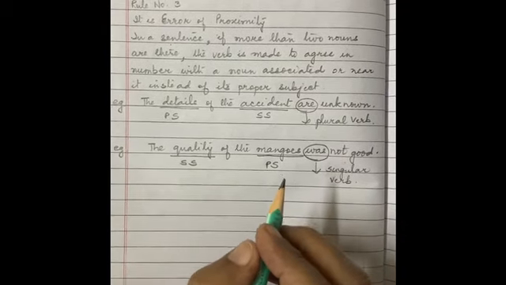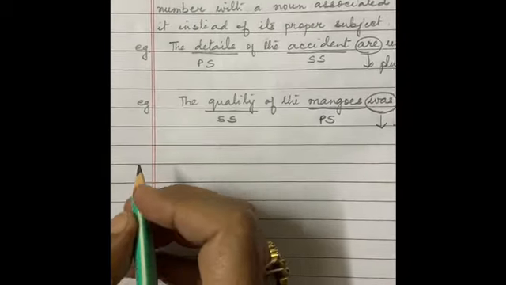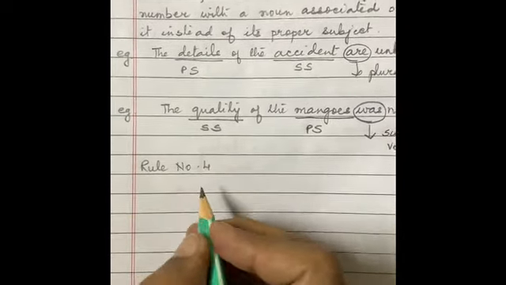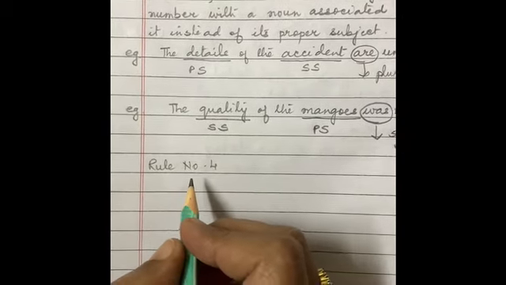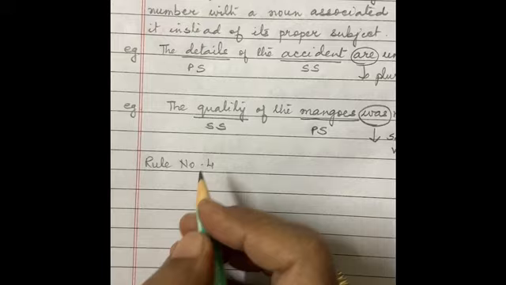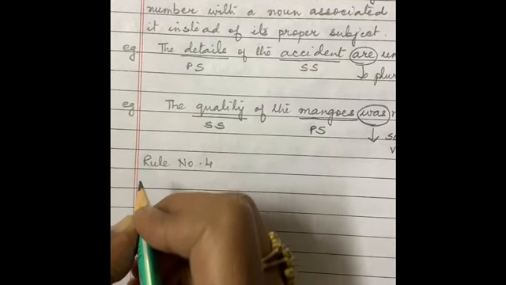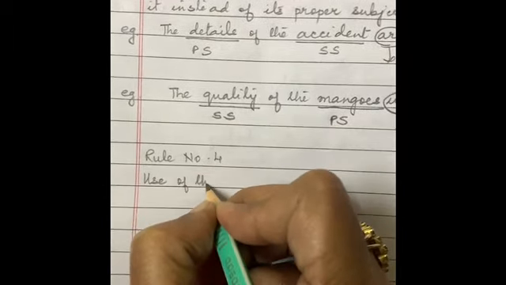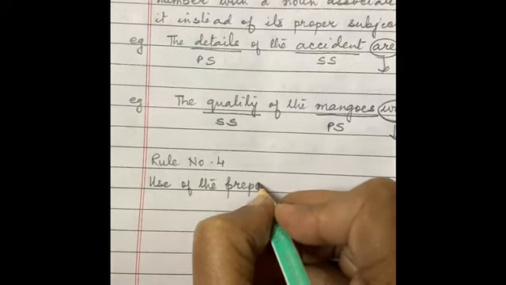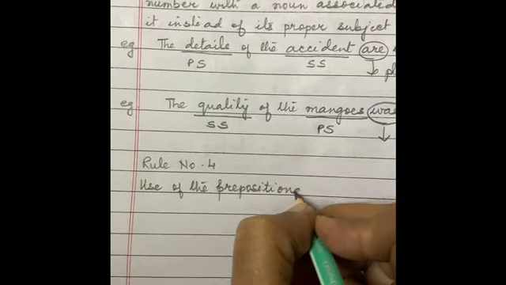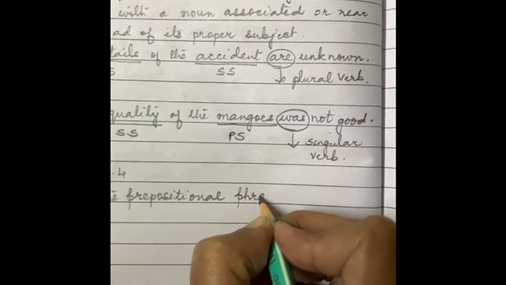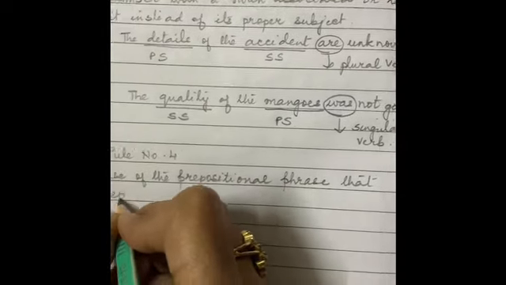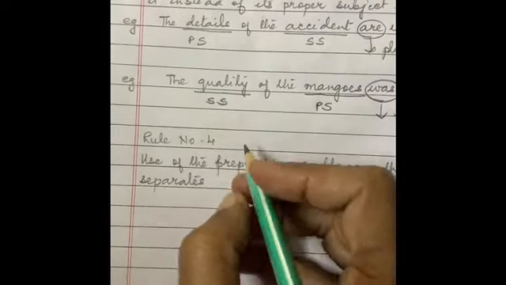The error of proximity. Let's understand rule number 4 now. Rule number 4 is the use of the prepositional phrase that separates the subject.